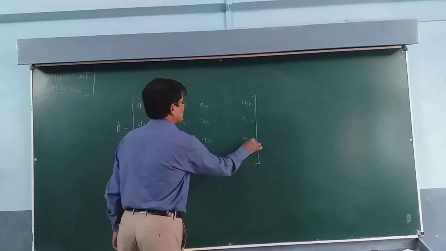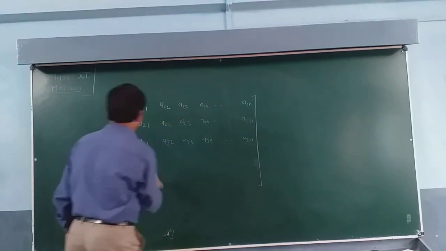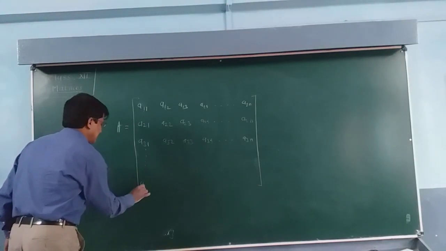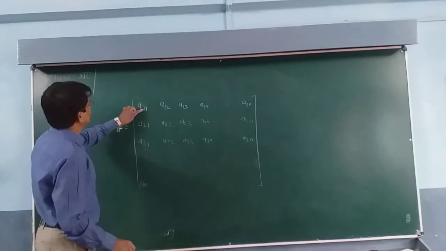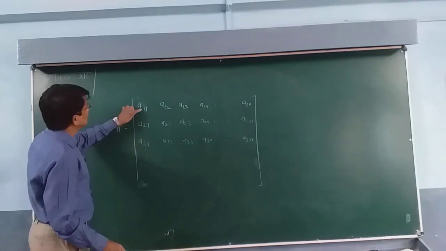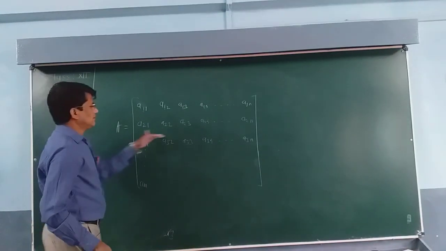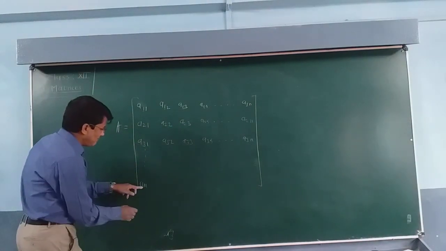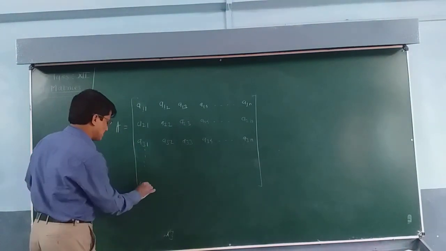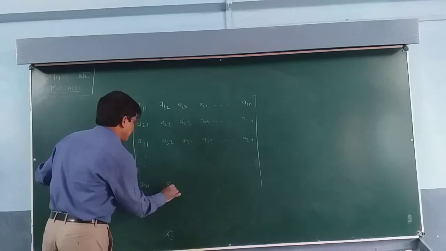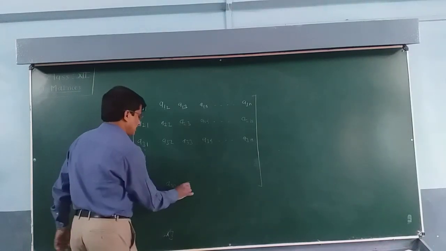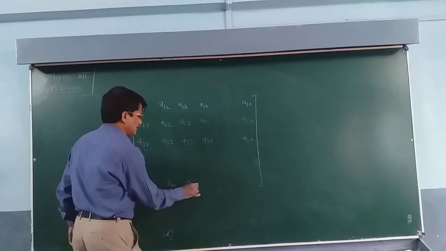Third row, nth column. If you write all the elements like this, up to the mth row: 1 means the first row, 2 the second row, 3 the third row. Here mth row, first column, am1, am2, am3, like that.